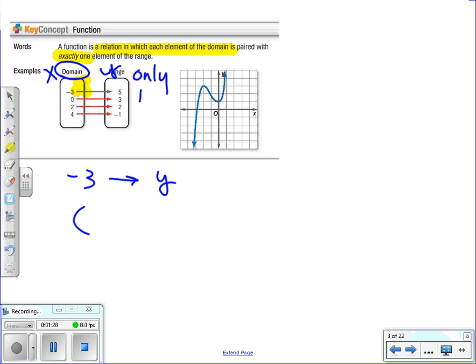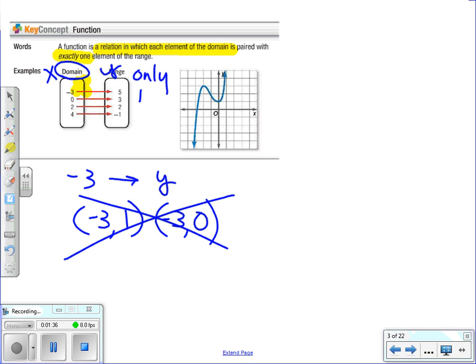I can't have an ordered pair -3, 1, and an ordered pair -3, 0. Then it would not be a function. And if I graphed both of those, -3, 0 and -3, 1, don't forget, we're going to talk about vertical line tests in a minute.